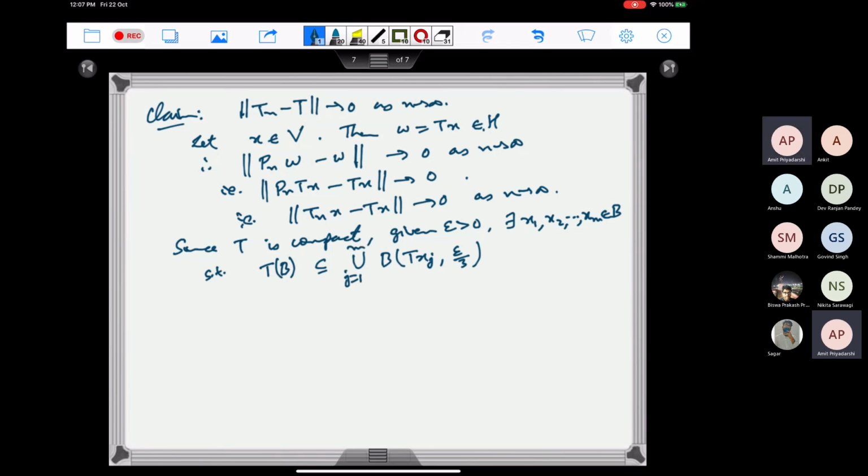So this is just like we did before, that this T of B is totally bounded, so we can do this.